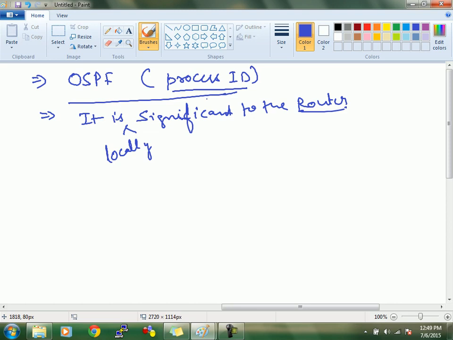Whenever the router sends any kind of message, any kind of multicast message, it will never include its process ID in that message. This thing is clear? Fine. It means on two routers, I can run the same process number and I can also run different process numbers, because the OSPF process ID remains locally significant to the router.